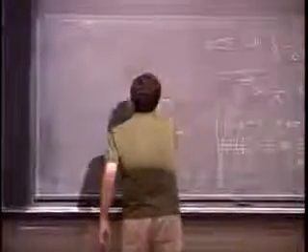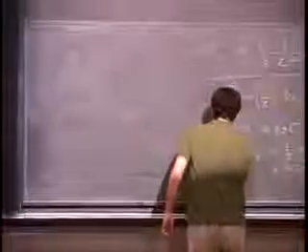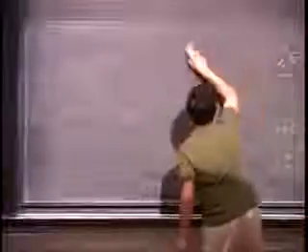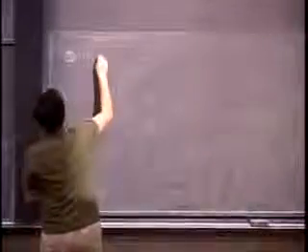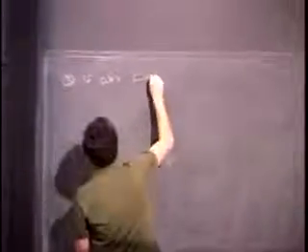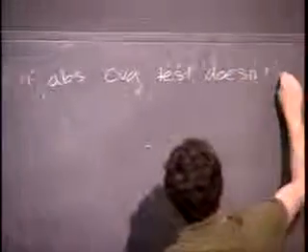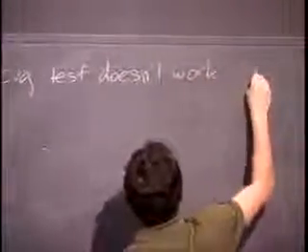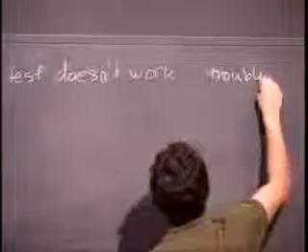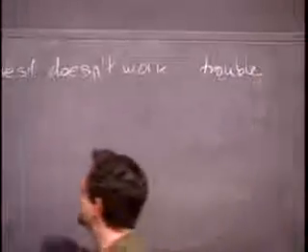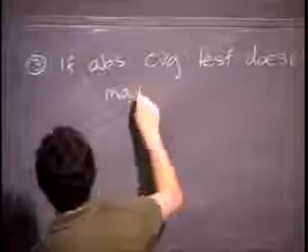The third possibility is what happens if the absolute convergence test doesn't work. And then you're in really hairy territory, which approaches my PhD thesis sort of style. If absolute convergence test doesn't work, trouble. And you may have to use the definition of the integral.